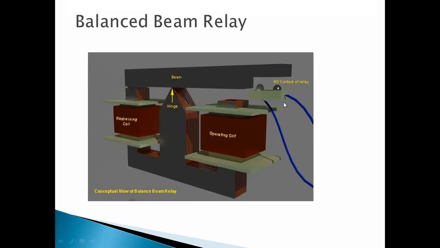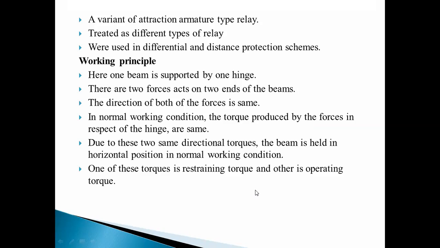Under normal operating condition, when there is no fault, the beam is balanced. When the fault occurs, the current flowing through this operating coil will increase, and these contacts get closed. This is called the balanced beam relay.